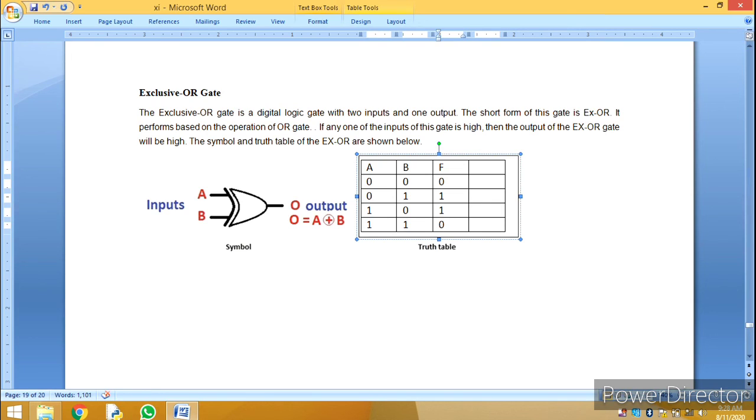Now if you are talking about the exclusive NOR gate, then what is there? Just the reverse of this exclusive OR gate. In the exclusive NOR gate, if the input combinations are even, then the value is true.